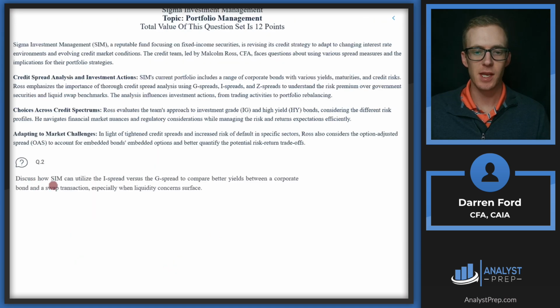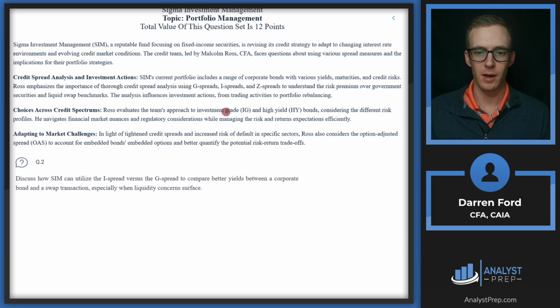Question 2, discuss how SIM can utilize the I spread versus the G spread to better compare yields between a corporate bond and a swap transaction, especially when liquidity concerns surface. So let's read a little bit. I think we've gotten to all the information we need, but let's read a little bit more. Choices across credit spectrums. Ross evaluates the team approach to investment grade and high yield bonds, considering the different risk profiles. He navigates financial market nuances and regulatory concerns while managing the risk and returns expectations efficiently.